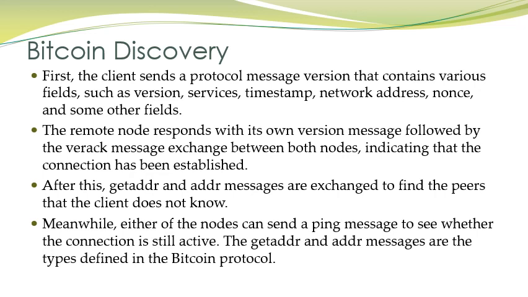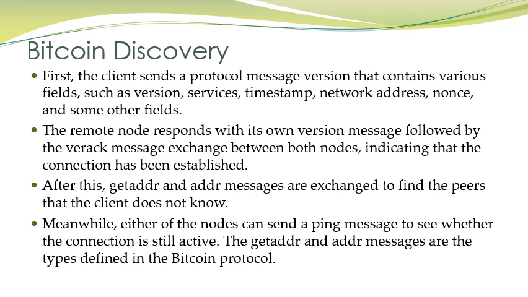First, the client, the node that will join the network, sends a protocol message, version. It will send a first version message that contains various fields such as version, services, timestamp, network address, nonce, and some other fields. So first the node will advertise itself by sending the version message.